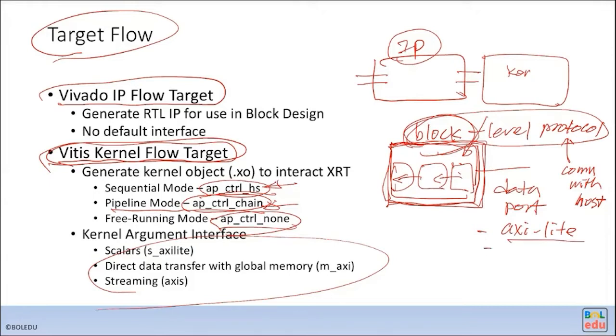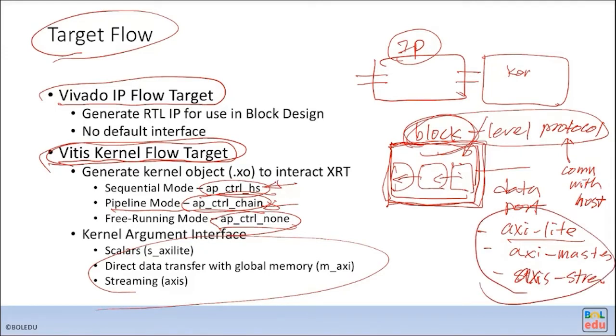You can use AXI master, or you can use AXI stream. So for the data port interface protocol, use these three, and for the whole kernel function control, you use these three types.